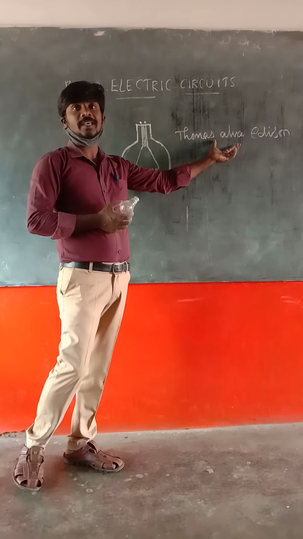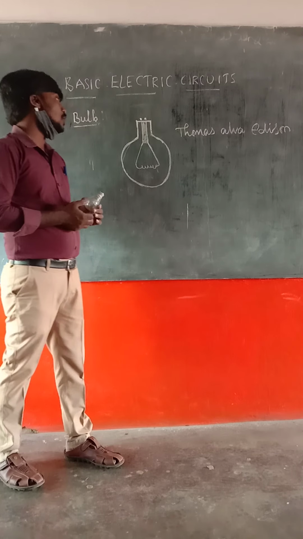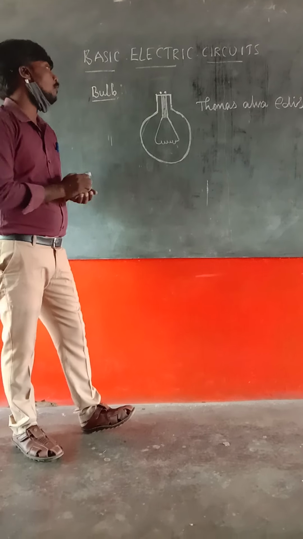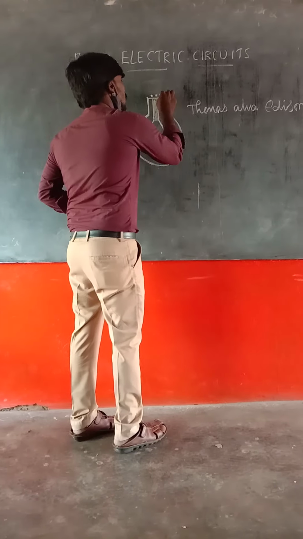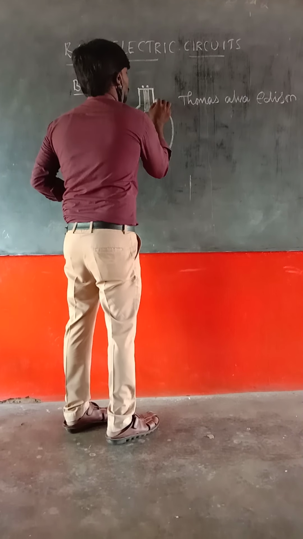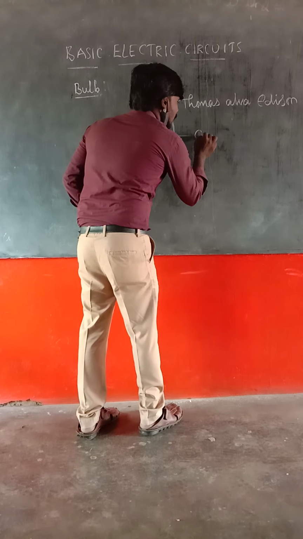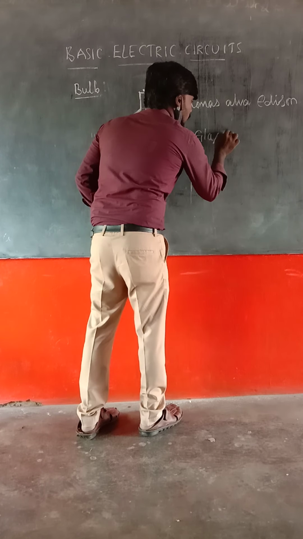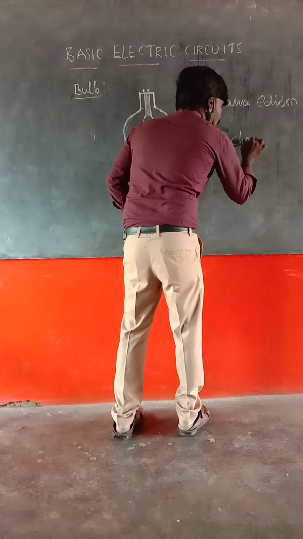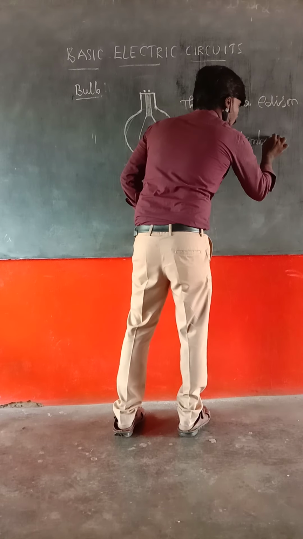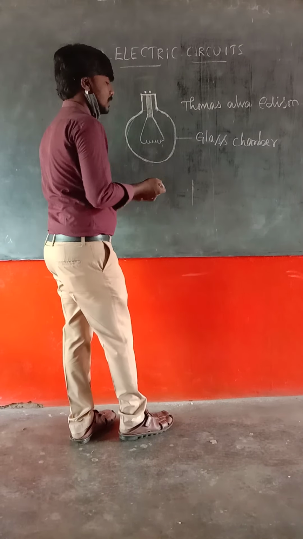Actually this bulb mainly has four types of parts. What are those four parts? It is the glass chamber.